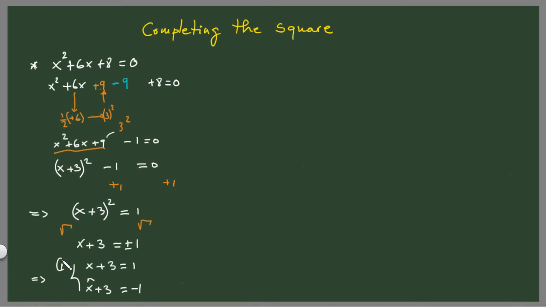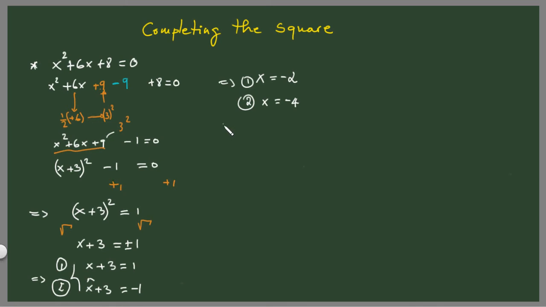We can put first equation and second equation here. The first one is giving us x equals minus 2, and the second one is giving us x equals minus 4.